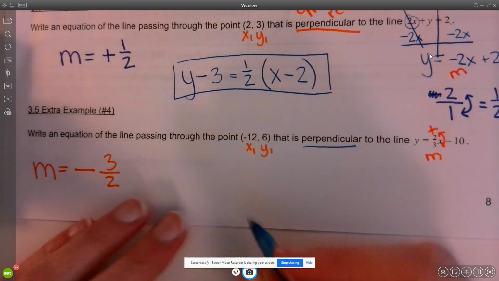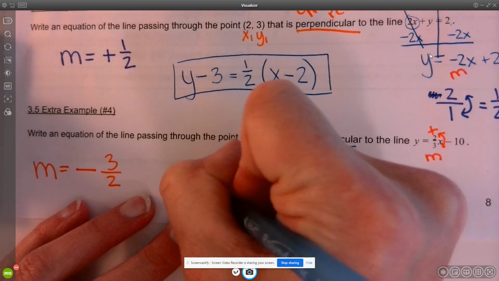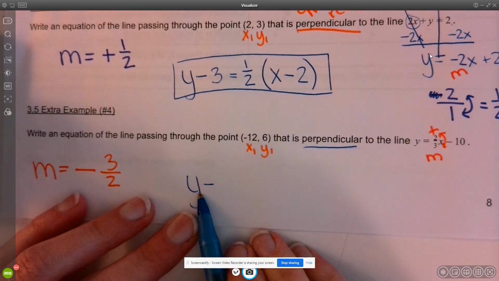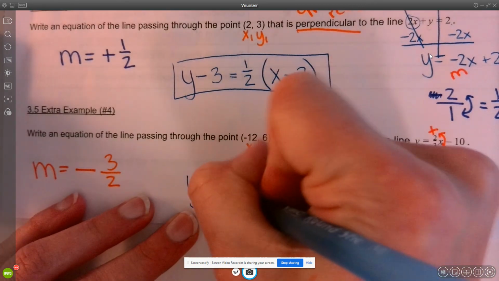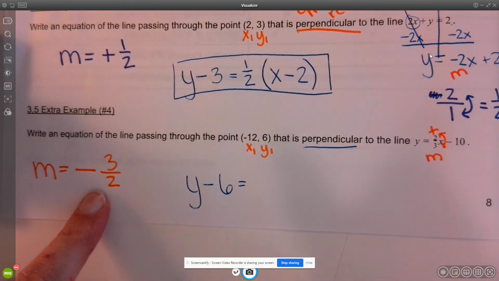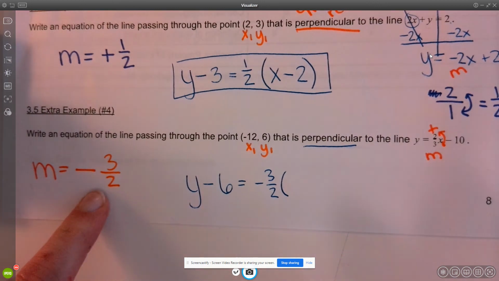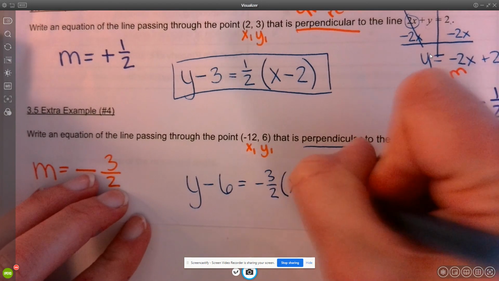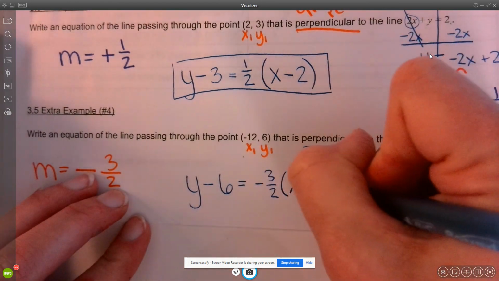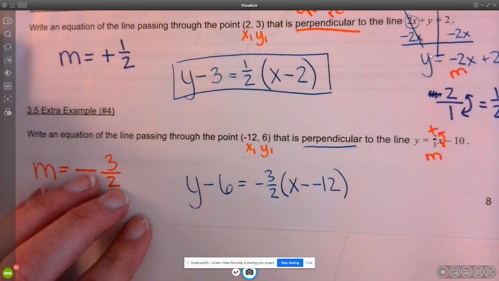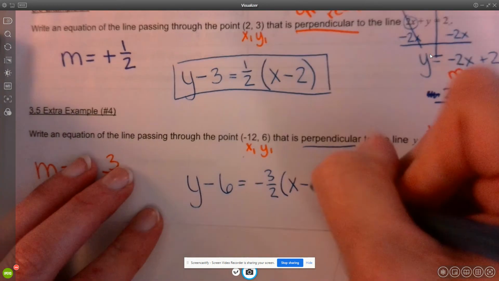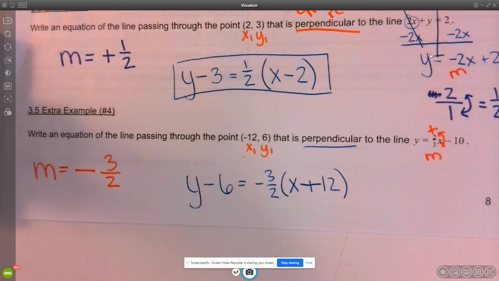So point slope form tells me I need to do y minus y1, so y minus 6 equals m, my slope, negative 3/2, times the quantity x minus x1, x minus negative 12. I'm going to go ahead and turn that into a plus sign.